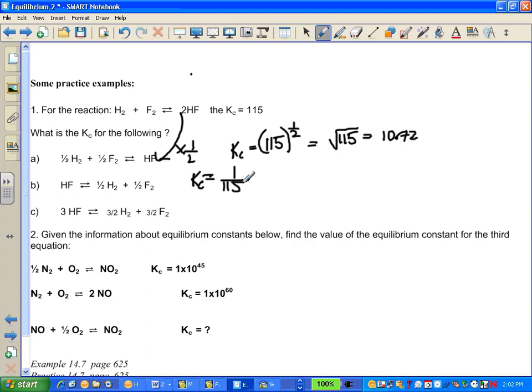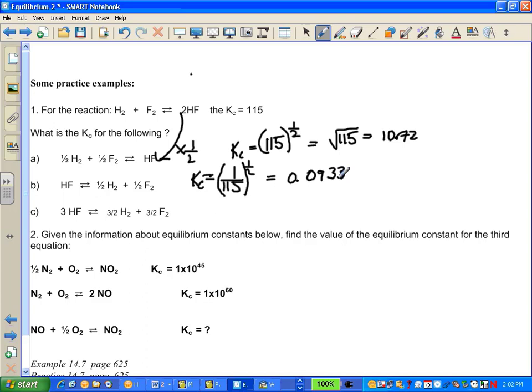Again, we multiplied this reaction by 1/2. If you multiply a reaction by some factor of x, then the Kc value gets raised to that power. So we raise this to the 1/2. When we do this computation, what you find is that you get 0.0933.